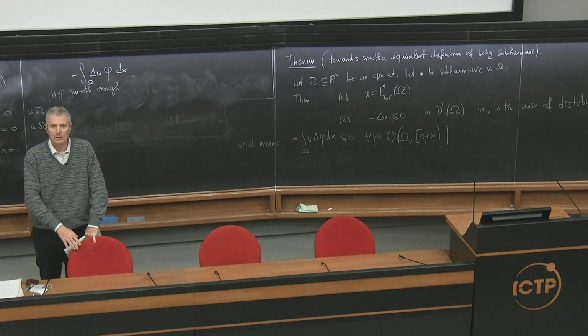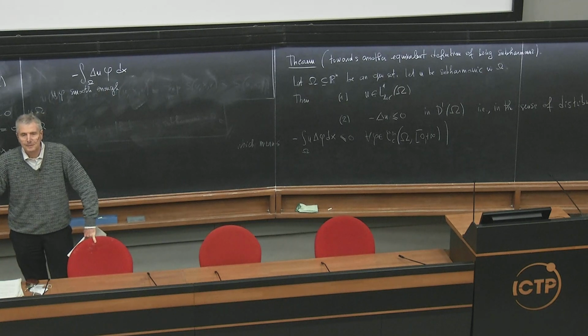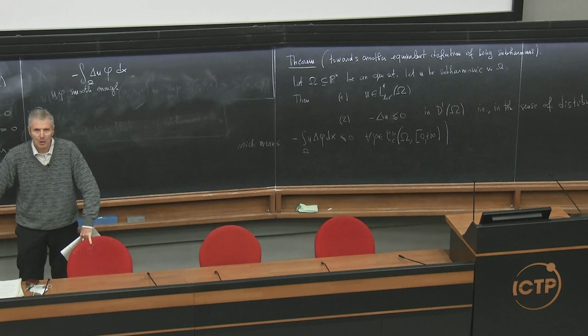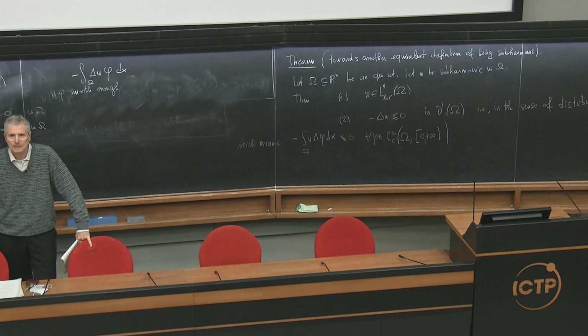Why is there a loc and why is there a 1 also? No? Do you know why there is L1 loc? Why it's natural to ask L1 loc? No, I have not answered.